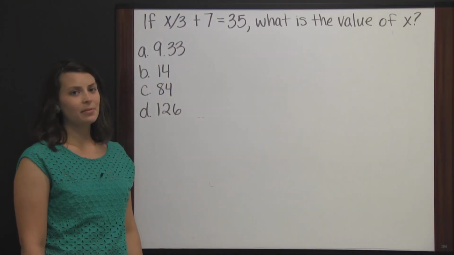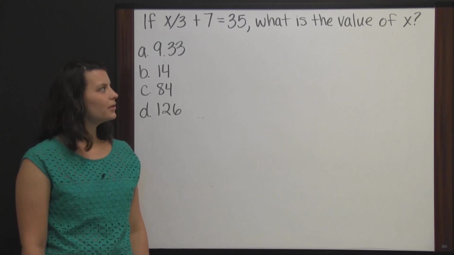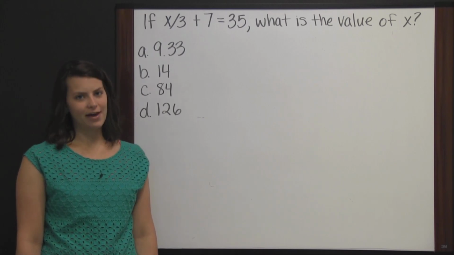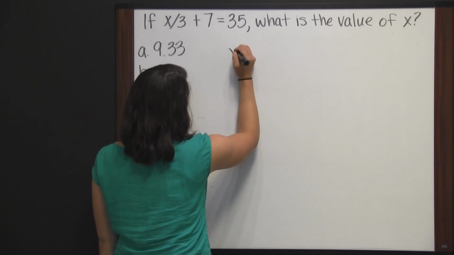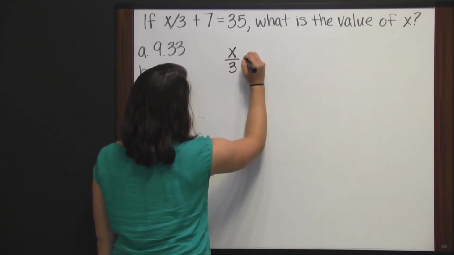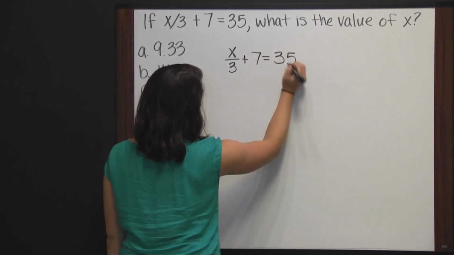If x divided by 3 plus 7 equals 35, what is the value of x? I'm going to start by writing this problem. x divided by 3 plus 7 equals 35.